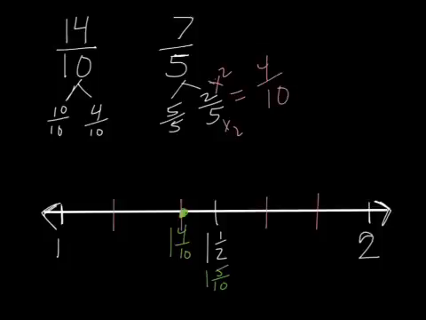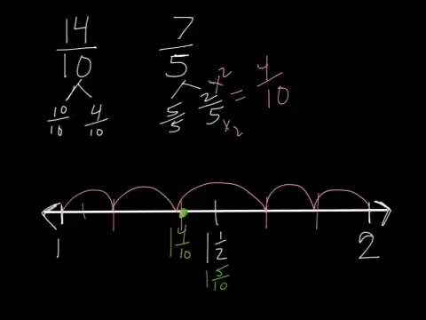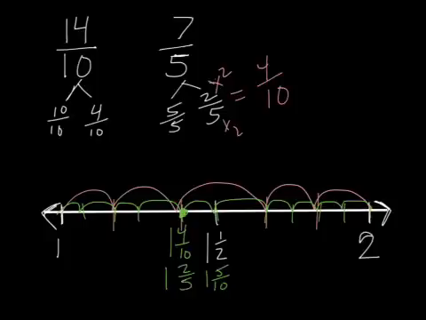So 1 and 2/5, you can see this is 1/5, 2/5, 3/5, 4/5, 5/5. If I put my tenths here, I would have 1/10, 2/10, 3/10, 4/10, 5/10, 6/10, 7/10, 8/10, 9/10, and 10/10. So these fractions are actually equal. 14/10 is equal to 7/5.